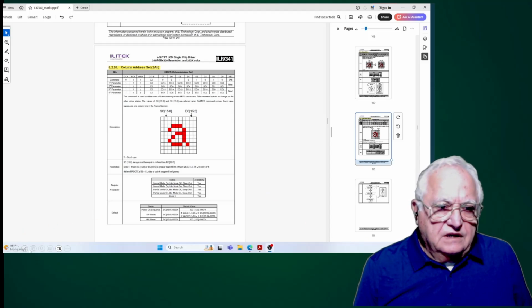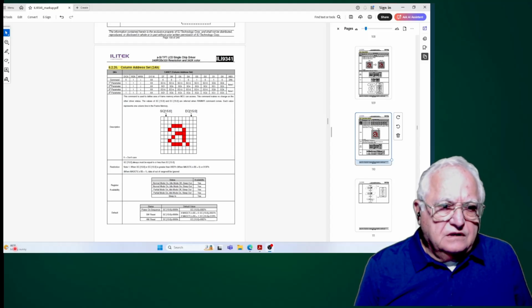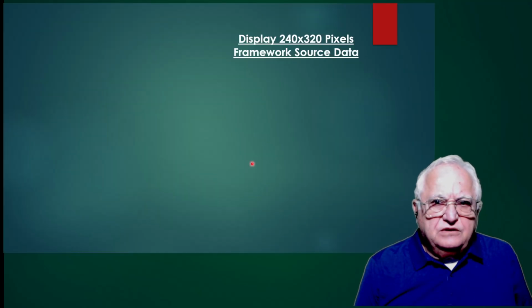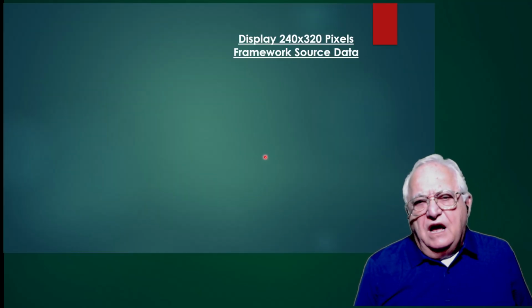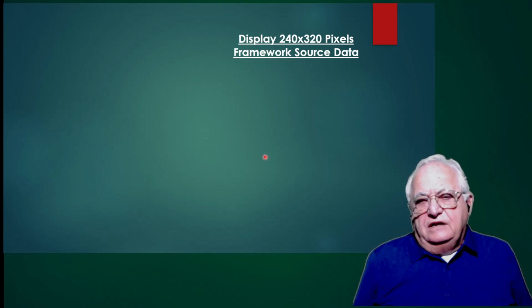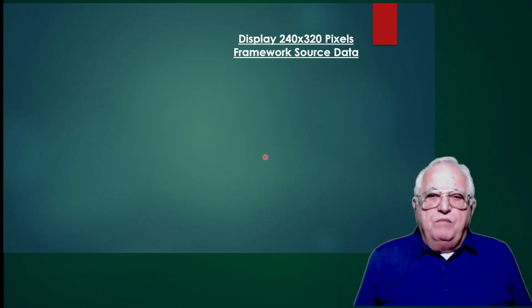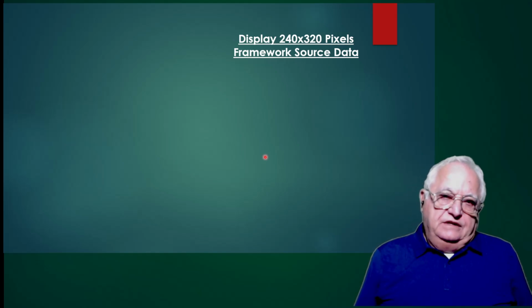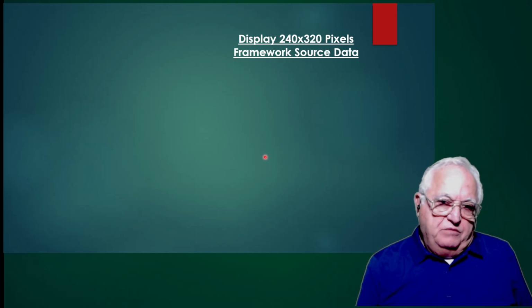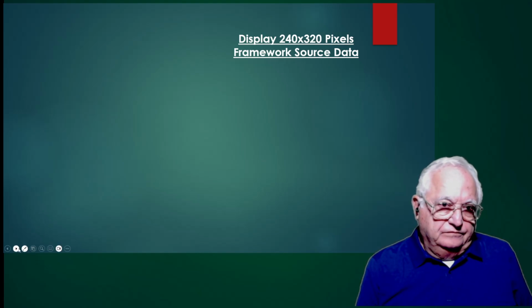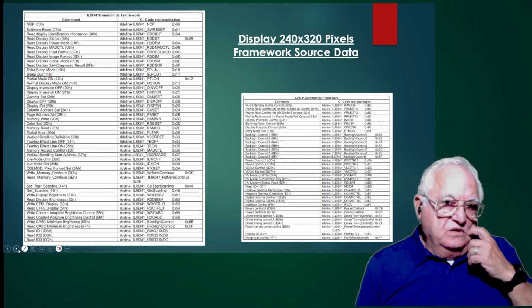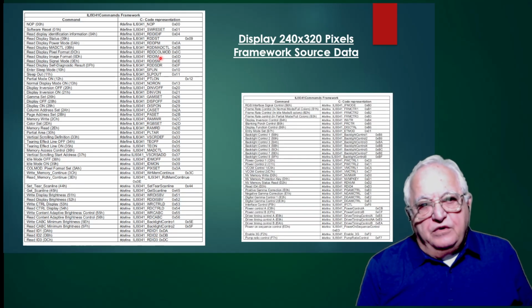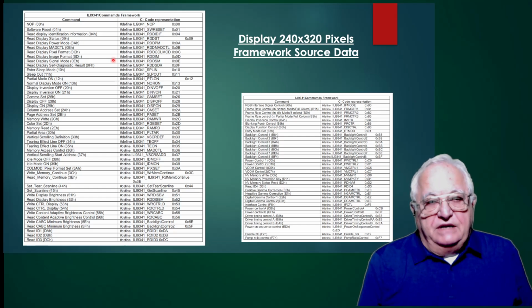Okay, let's go ahead and continue with the presentation. As I noted, to be able to put my arms around all these commands, I need to create a framework so I can access them all. I did it as I've done it in the past.